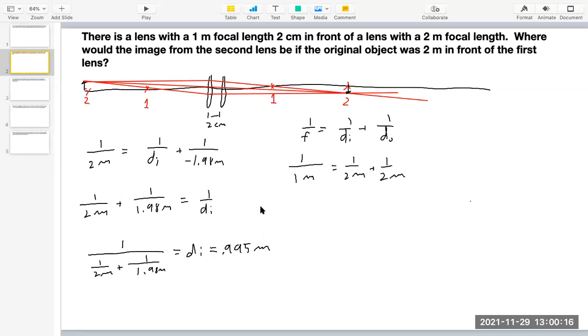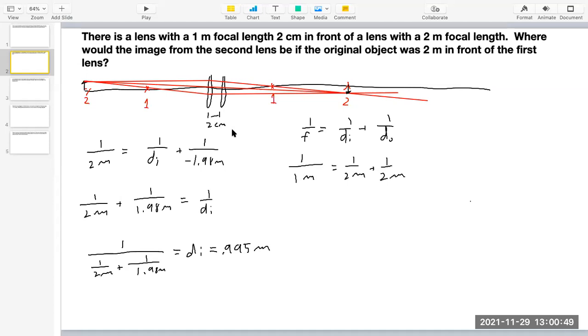So the final image is going to be about 1 meter from our lenses. Okay, with the hard technique, just doing it in 2 steps.